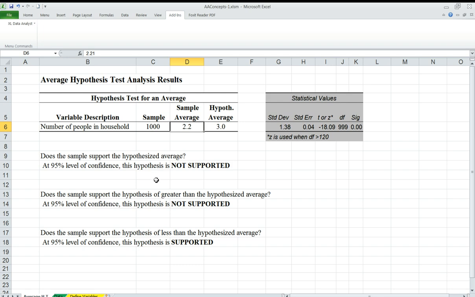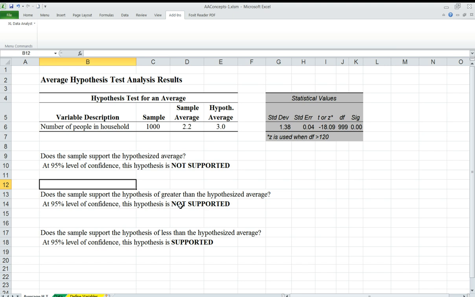The good thing about XL Data Analyst is that even if you don't know what you are testing or the notations about the 3 hypotheses, you still can read and understand the result because it's written in plain English. The first output here tests the hypothesis if the number of people in household is equal to 3, and we see that it is not supported. The second statement is the result of a test that the number of people living in household is greater than 3.